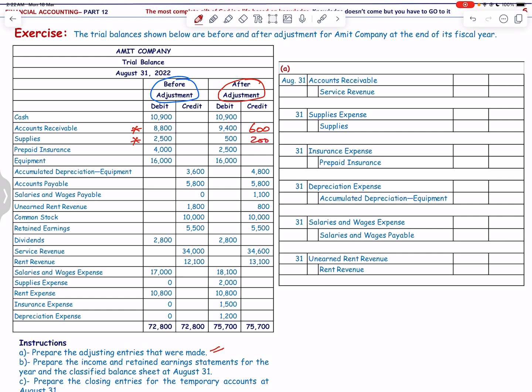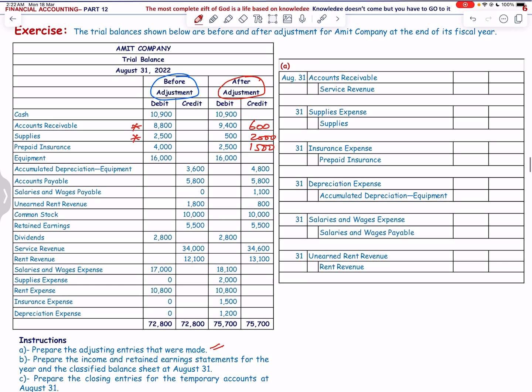This has decreased by 1,500. Then there is an increase in accumulated depreciation by 1,200. Then salaries and wages payable have increased by 1,100, and finally unearned rent revenue has decreased by 1,000.